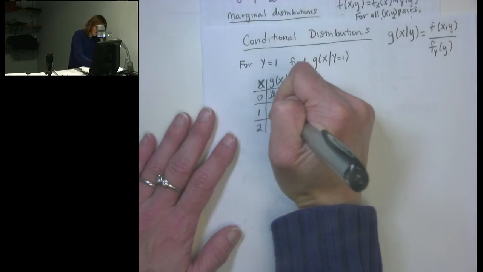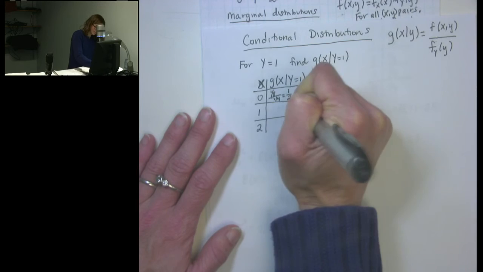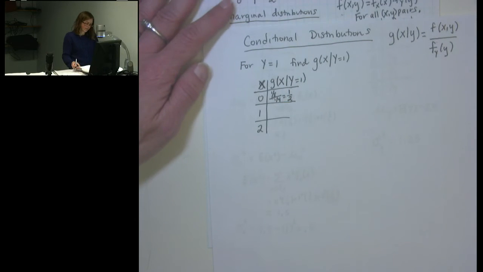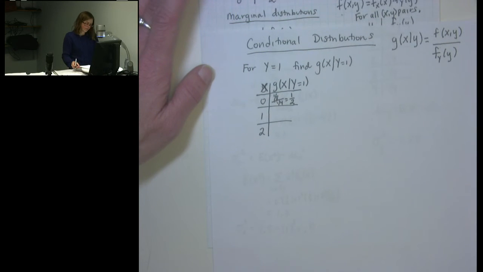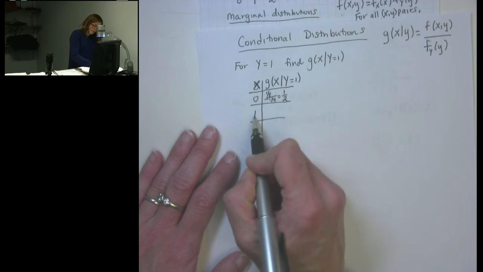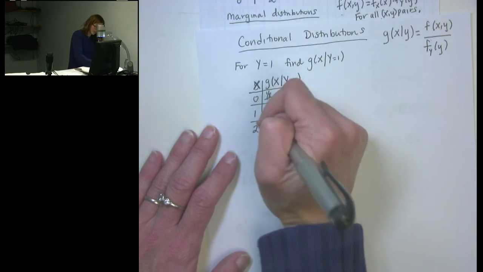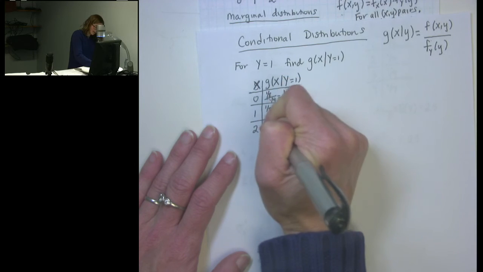So I divide 1/8 by 1/4, and I get 1/2. For 1, 1, my joint probability mass function gives me 1/8.